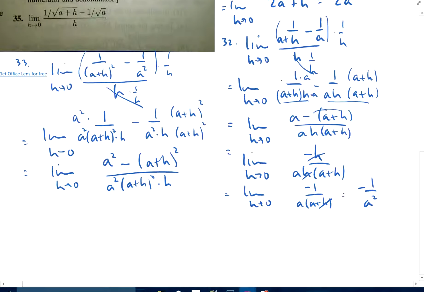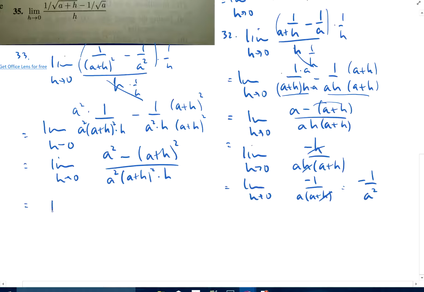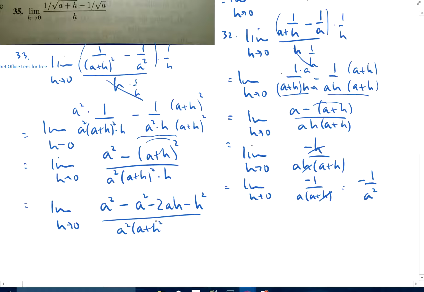Well, I got to simplify the top, so that's going to be a squared minus, now I'm going to distribute that and the negative at the same time, a squared minus 2ah minus h squared. Now if you don't see that, just do this part first and then distribute the negatives secondly. I just did that in one step, over a squared times a plus h squared times h.